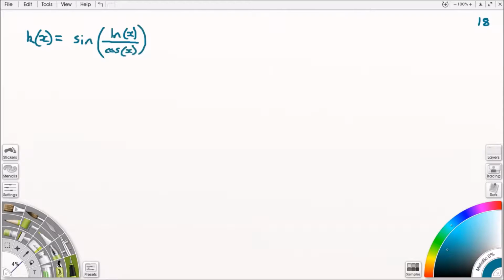So we have sine of x, and within this, our function sine of x, we have log of x over cosine of x. Before you pause this video and try it yourself, I want to ask you guys to try to solve this without using the quotient rule.